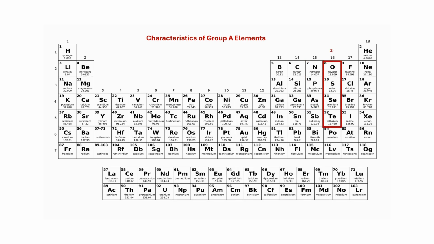Group 6A, negative 2 charge. Like we said earlier, there could be exceptions to the rule because oxygen sometimes could have a negative 1 charge and negative 1/2 charge, which we will cover in some other lectures. And group 7A, normally, if they're going to have a charge, most of the time it would be negative 1 charge.